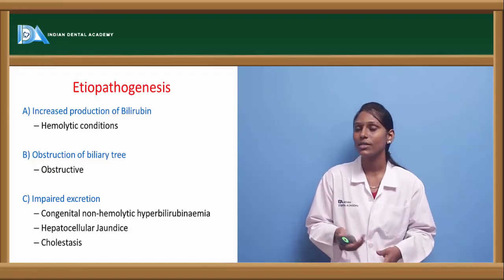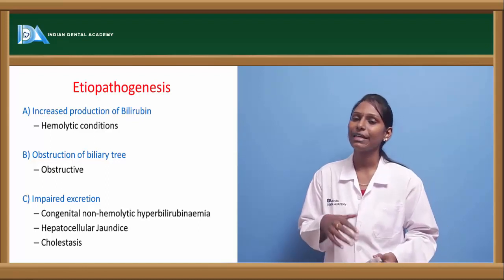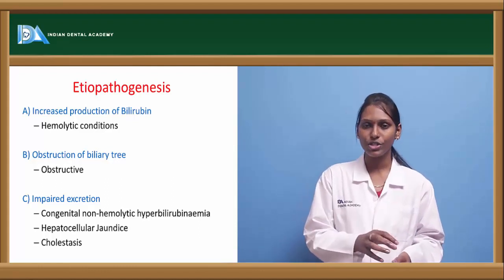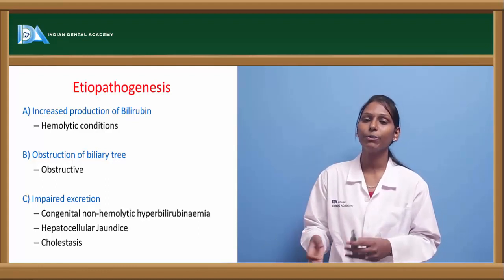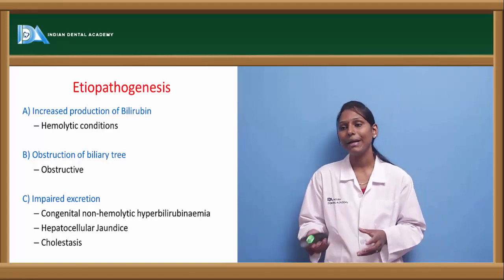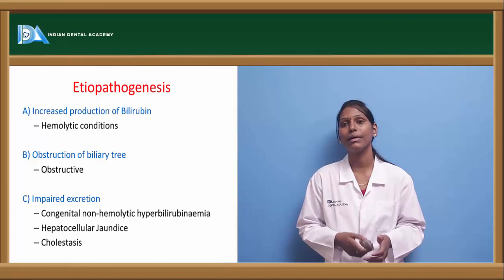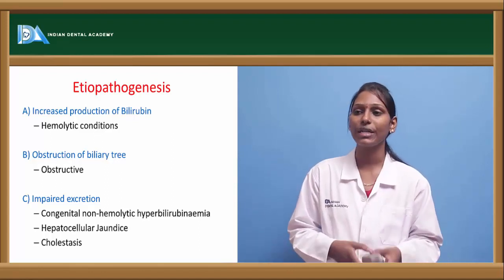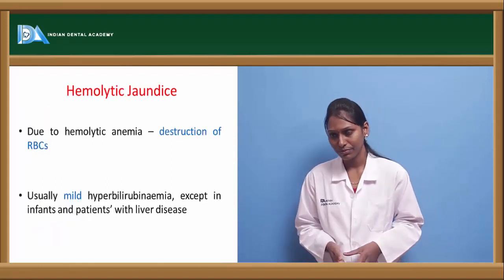Another important cause is obstruction of the biliary tree, which blocks the transfer of conjugated bilirubin into the duodenal lumen. Other conditions include impaired excretion, which is congenital non-hemolytic hyperbilirubinemia, hepatocellular jaundice, and cholecystitis.